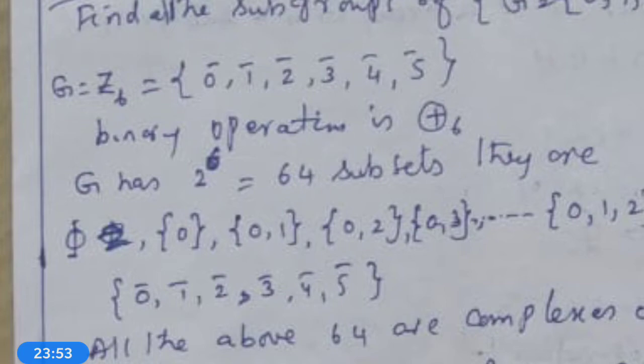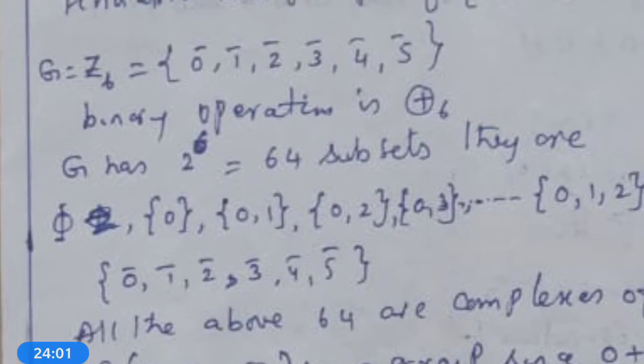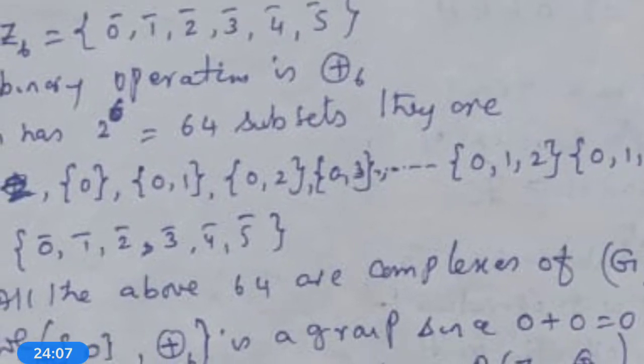And the binary operation permitted in this is ⊕6. Therefore, G having 6 elements, G has 2^6 subsets.